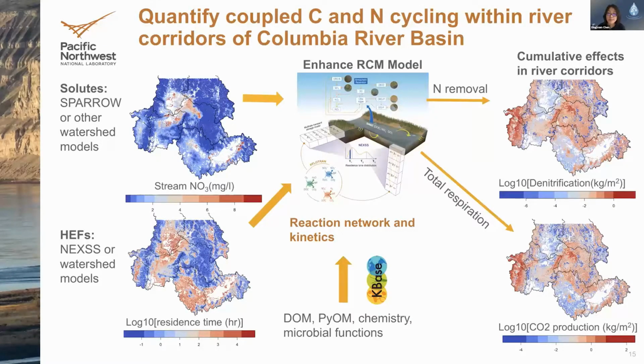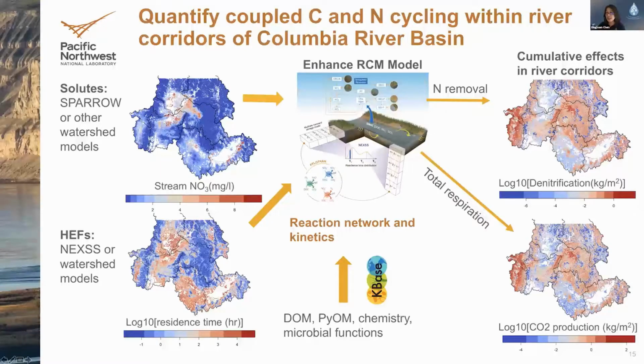And you might figure out this line, from microbial function and all that information to generate reaction mechanisms and put them into a model, and then use it to quantify the spatial patterns of this cumulative processing of carbon and nitrogen, is the main scaling line we have presented earlier.